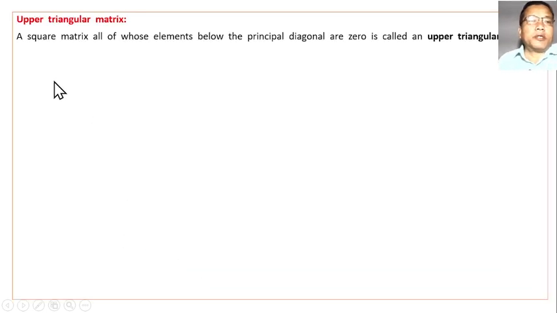Upper triangular matrix. A square matrix all of whose elements below the principal diagonal or main diagonal are 0 is called an upper triangular matrix.